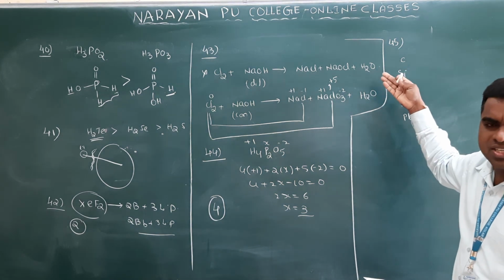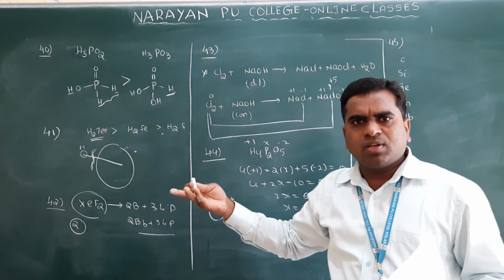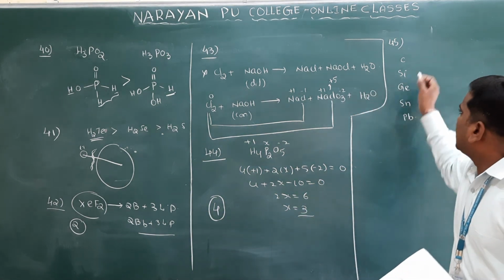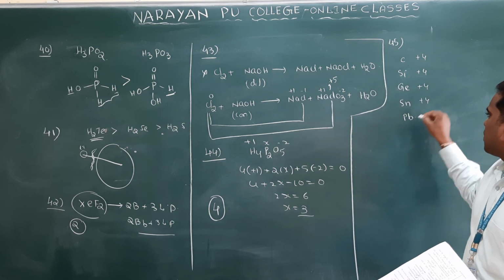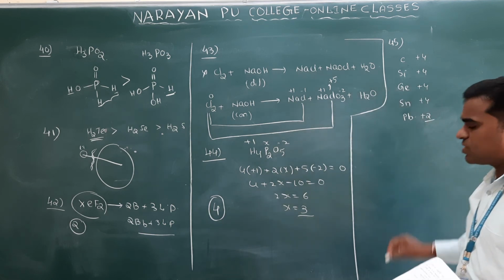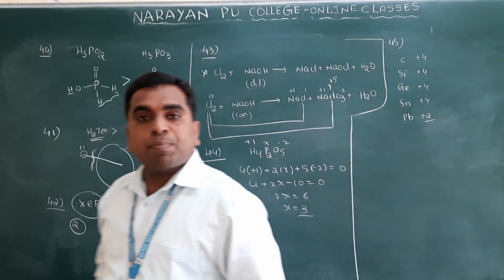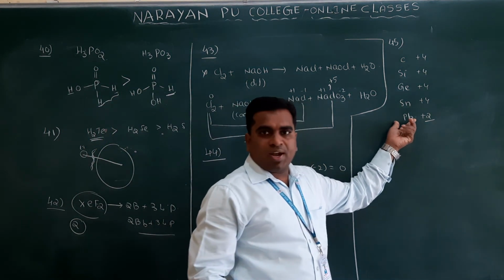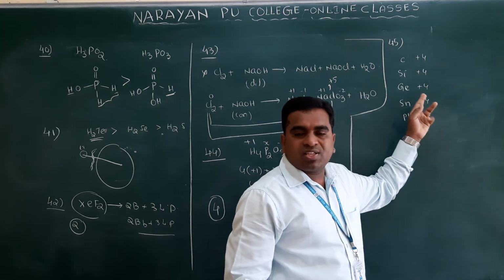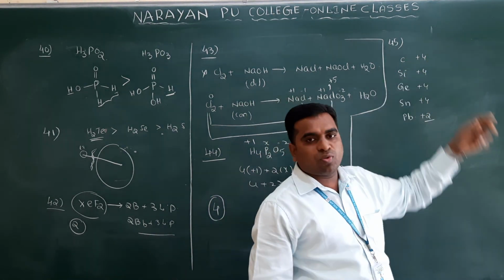The common oxidation state for group 14 elements is +4. So it is +4, +4, +4, but the last one is +2. Why? Because of the inert pair effect I already mentioned. So always the last element will show an oxidation state 2 units less than the remaining.